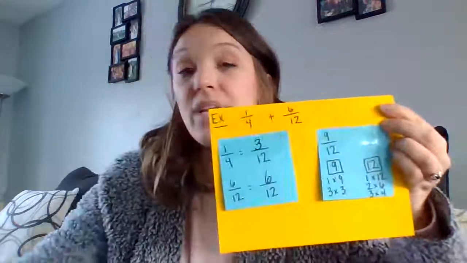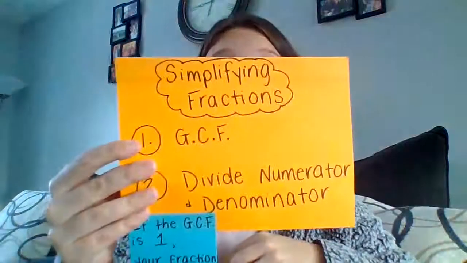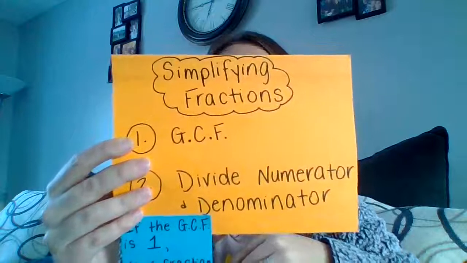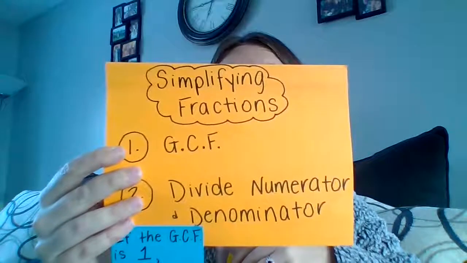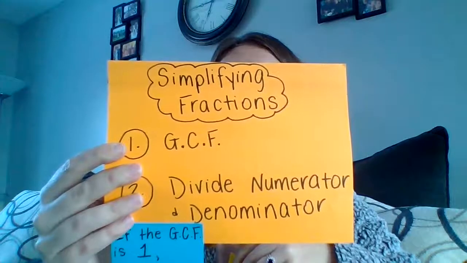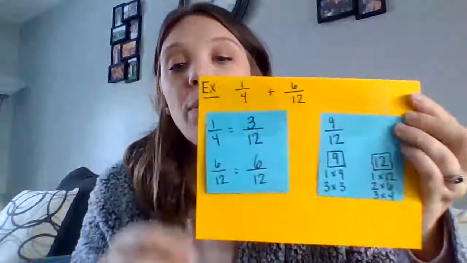Now here's the next step. We're not done yet because now we need to simplify that fraction. We can simplify 9/12 by finding the GCF, the greatest common factor, and then dividing the numerator and the denominator. So now I have 9/12.